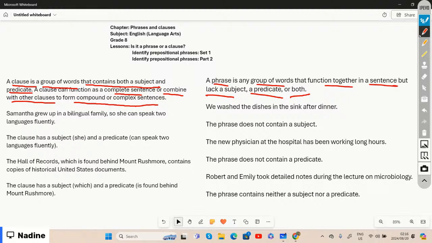So if we look at the phrase, it is a group of words that functions together within a sentence but lacks either a subject or a predicate or maybe both.